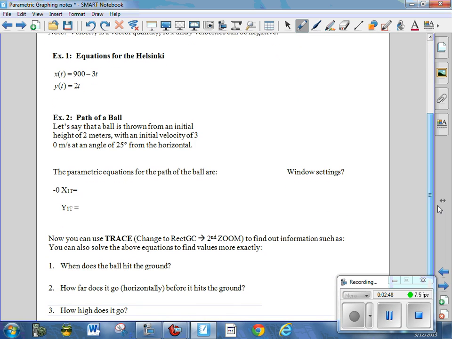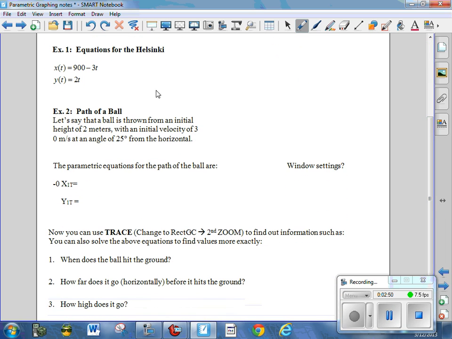So if we look at the equations we got for the Helsinki in the previous problem, notice that here, the 900, that's the initial x position. And negative 3, which is the slope of this linear equation, is the initial x velocity, or initial velocity in the x direction.